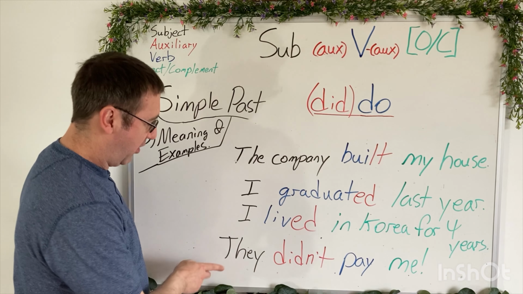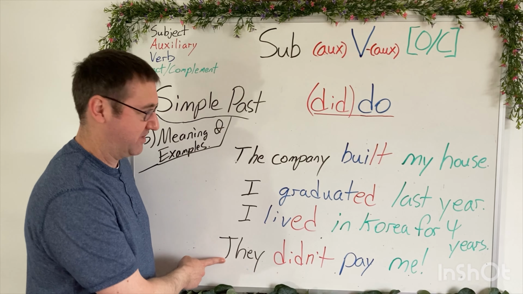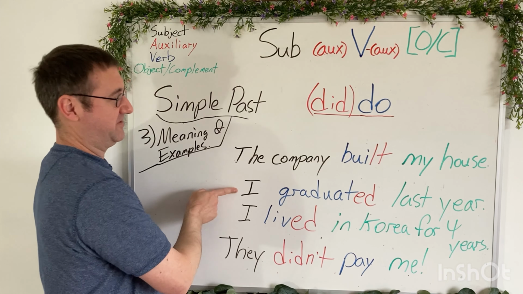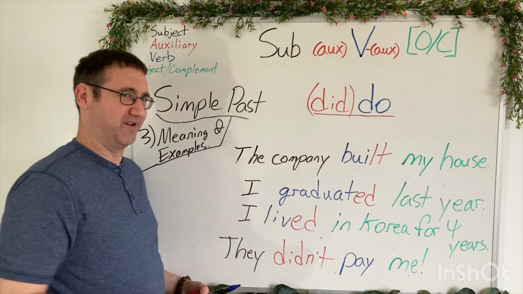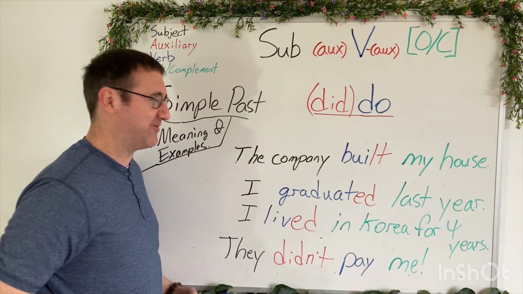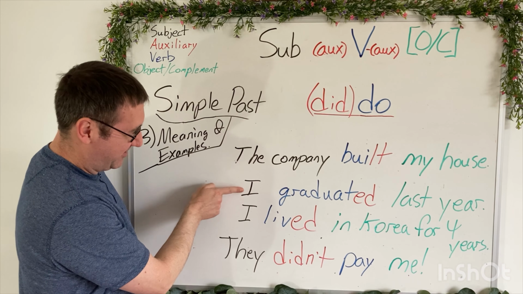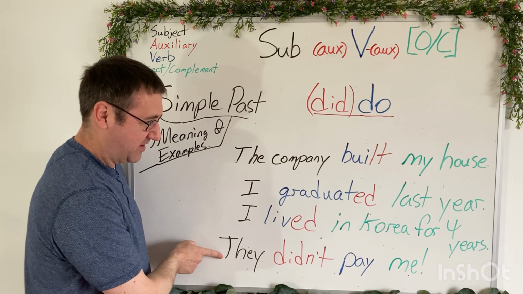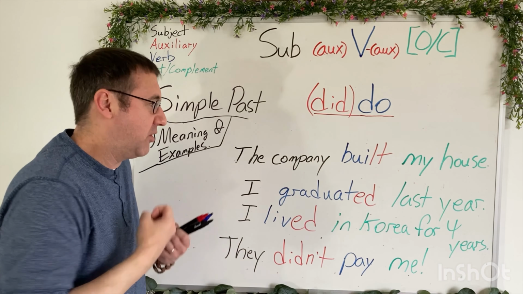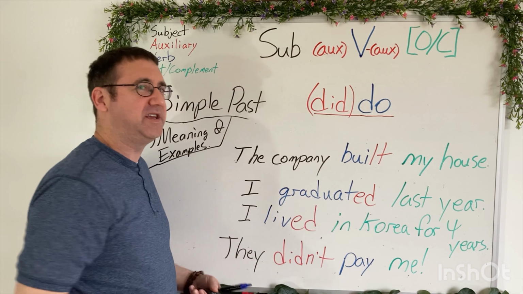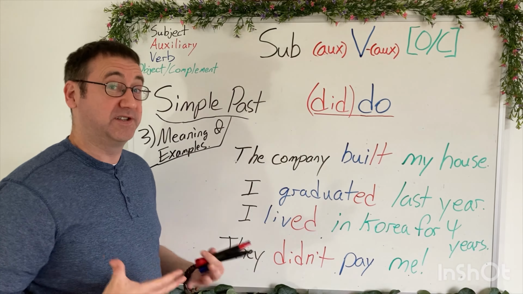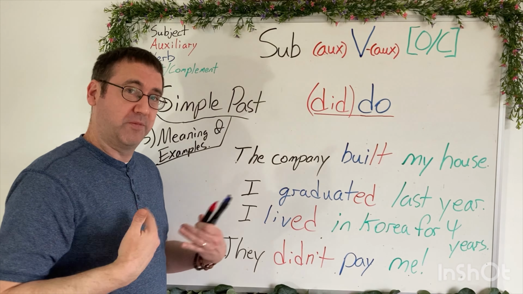Only the last one is not true, really. Actually, the second one is not true either, because I'm much older to have graduated last year. So really, this one here could be considered a lie, and so could this one. But the grammar, the statement, using ed shows that these are meant to be true, truth about the past.